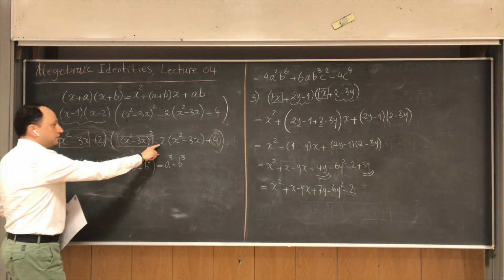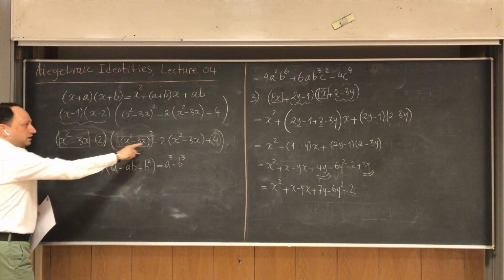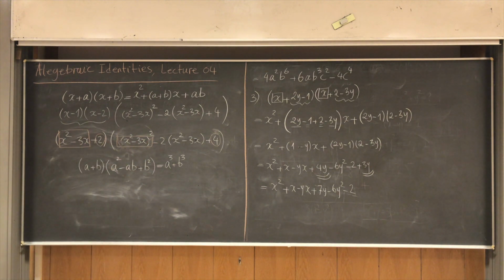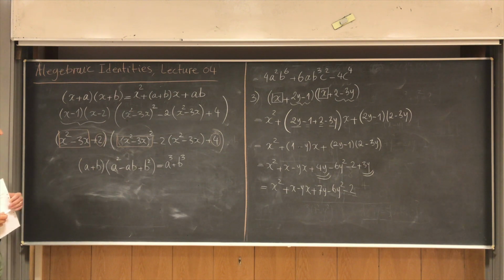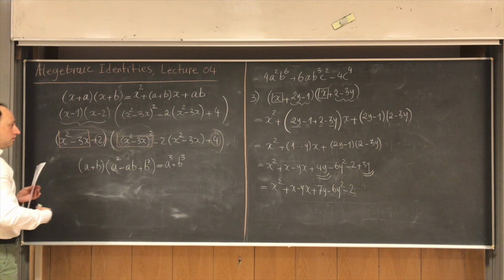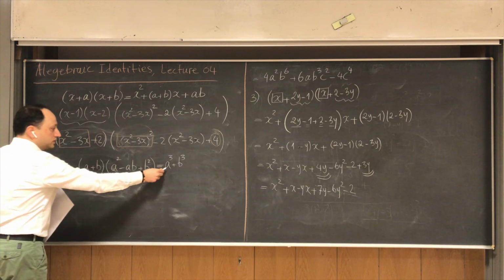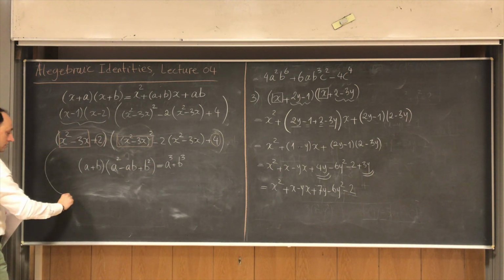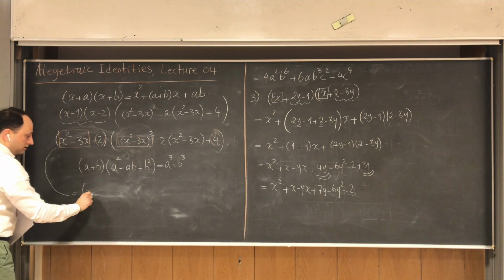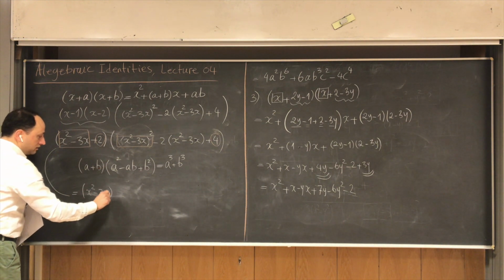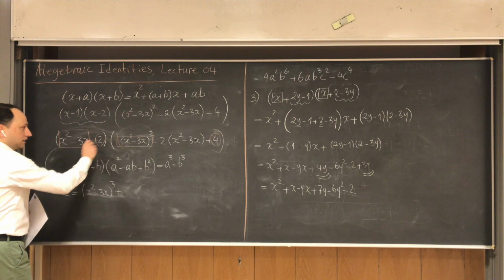And then this is the product of these two terms with the opposite sign. Yes. So this, if you see, this is exactly this pattern. Yes. Okay. So if I want to calculate this, if I use this identity, the answer to this becomes equal to the first one to the 3 plus the second one to the 3.